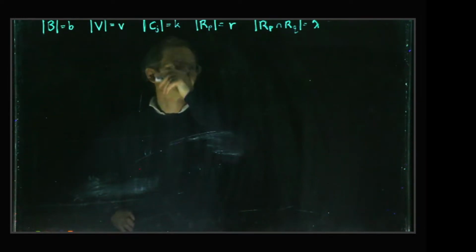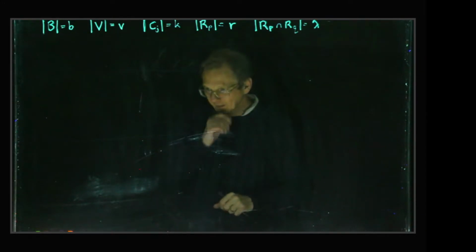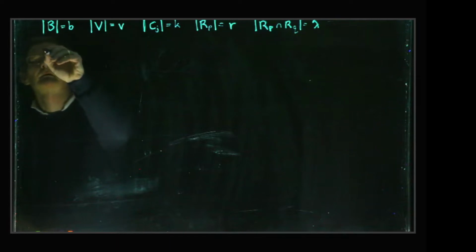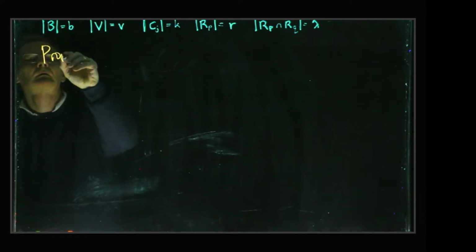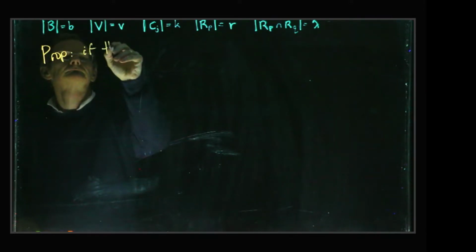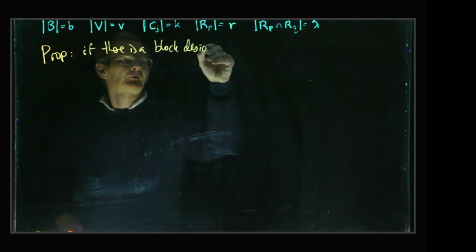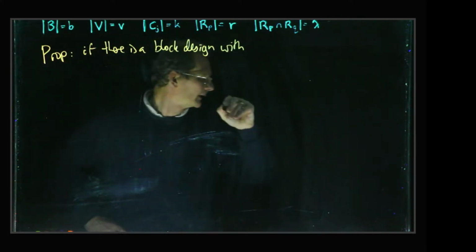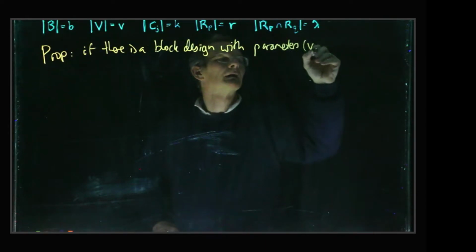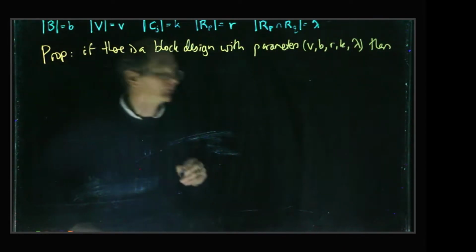The key fact that we need to know about block designs is that these numbers v, b, r, k, lambda are not independent. There are several equations that relate them. This proposition: if there's a block design with parameters v, b, r, k, lambda, then these three equations hold.